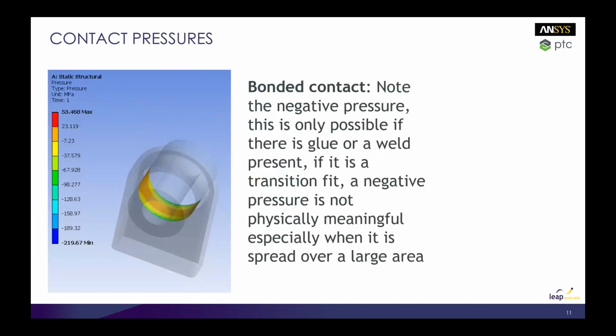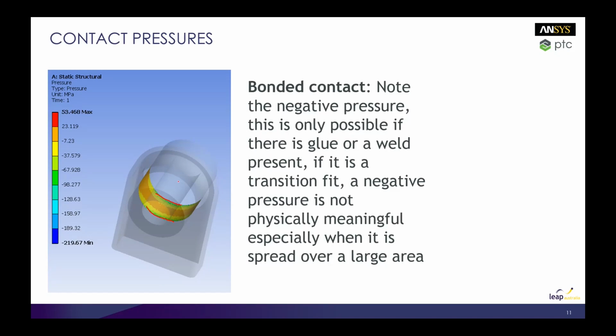Okay, if we also look at the contact pressure, remember this thing is being pulled up. You can see here we've got regions of negative contact pressure, around here. This is only possible if these parts are welded or glued together.